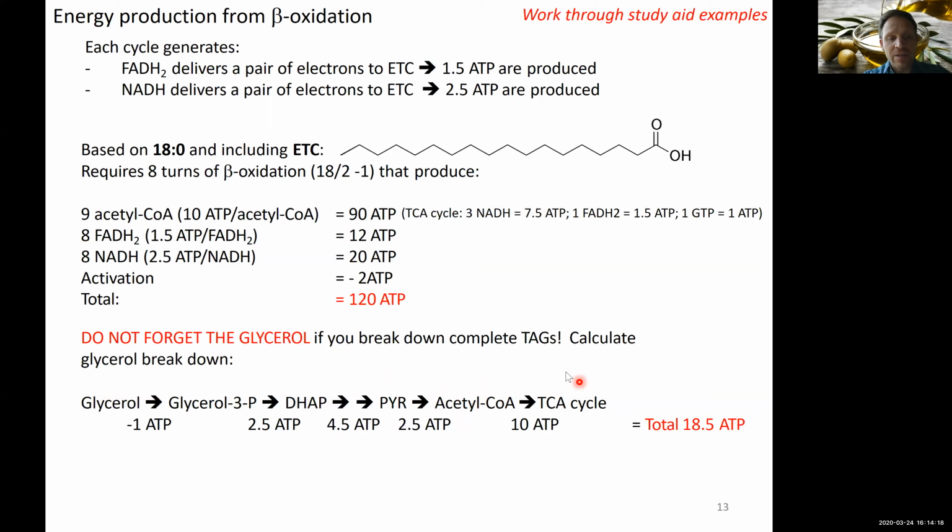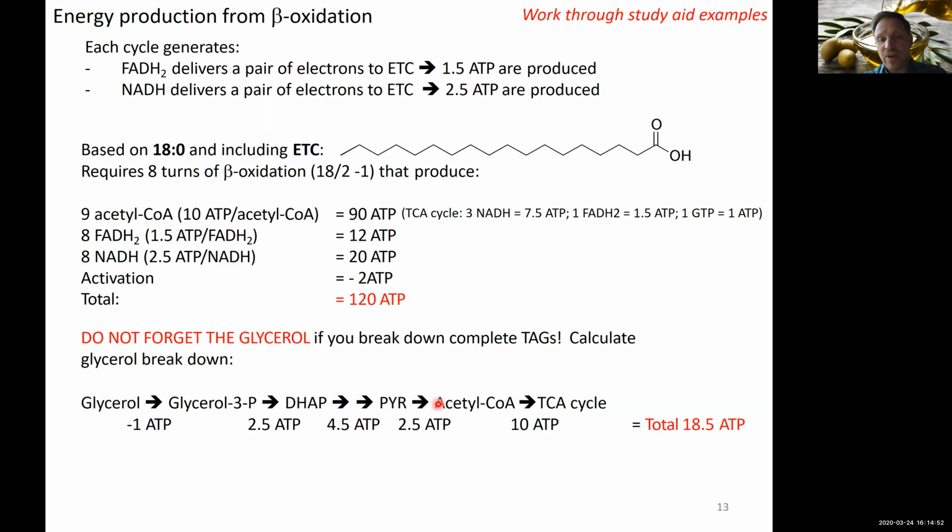The way it breaks down is we have to subtract 1 ATP for the activation of glycerol. Then the step from glycerol 3-phosphate to DHAP is an oxidation. We're reducing NAD to NADH, so we get 2.5 ATP for this NADH. Then we're running the payoff phase for our DHAP, but only 1, so we're getting 2 ATP outright from substrate level phosphorylation and 2.5 ATP for the additional NADH generated in reaction 6 of glycolysis.